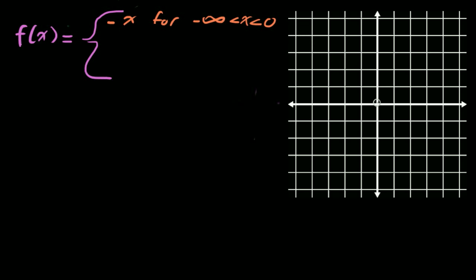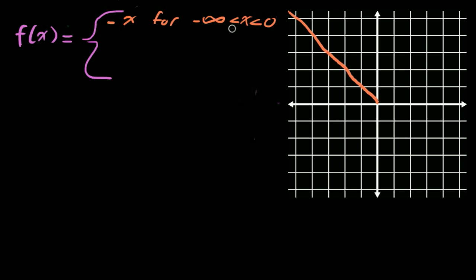So I'm just going to draw that right now real quick. It's going to look like that, just a slope with y-intercept at 0. And one other thing to note: at our origin right here, is this going to be a closed circle or an open circle?